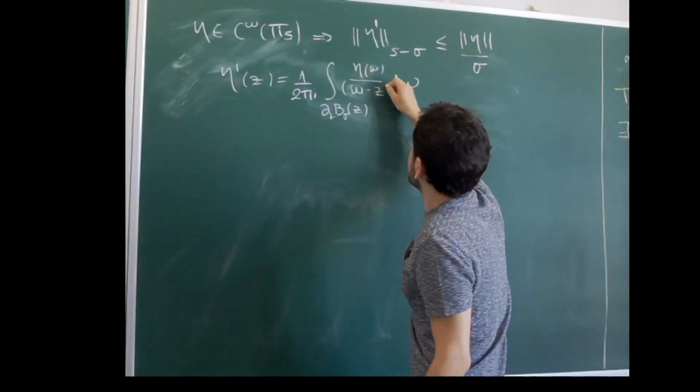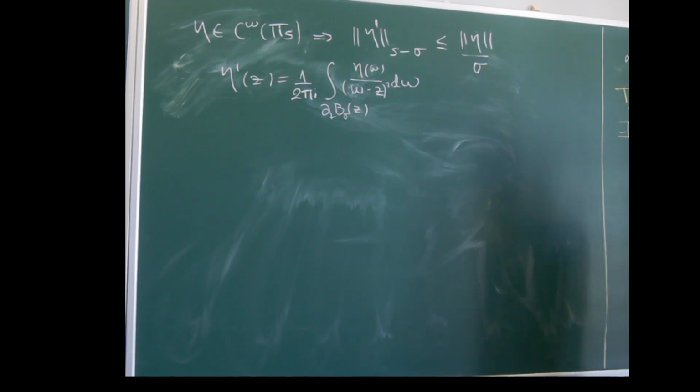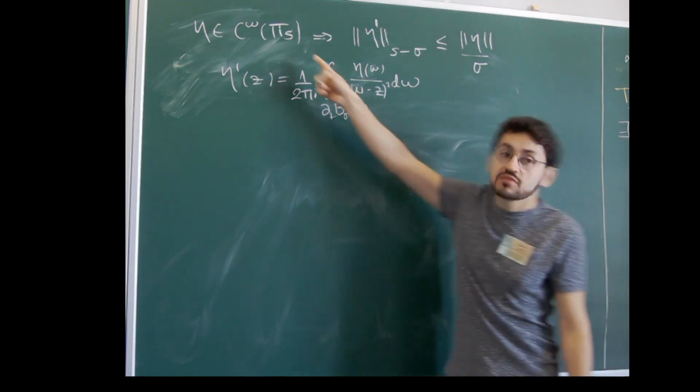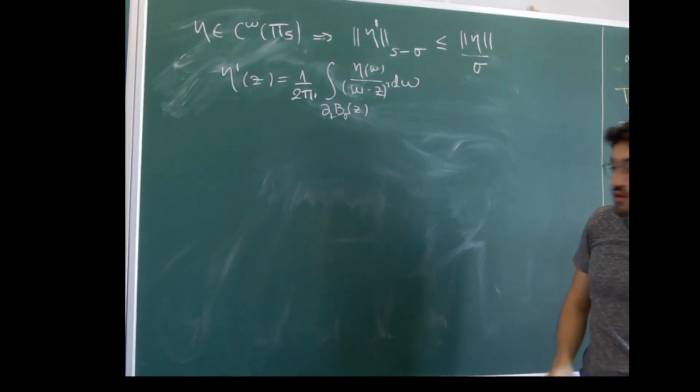You are checking because eta is real analytic, not complex analytic, only on the interval. Here I'm picking already something that's defined in the complex line.